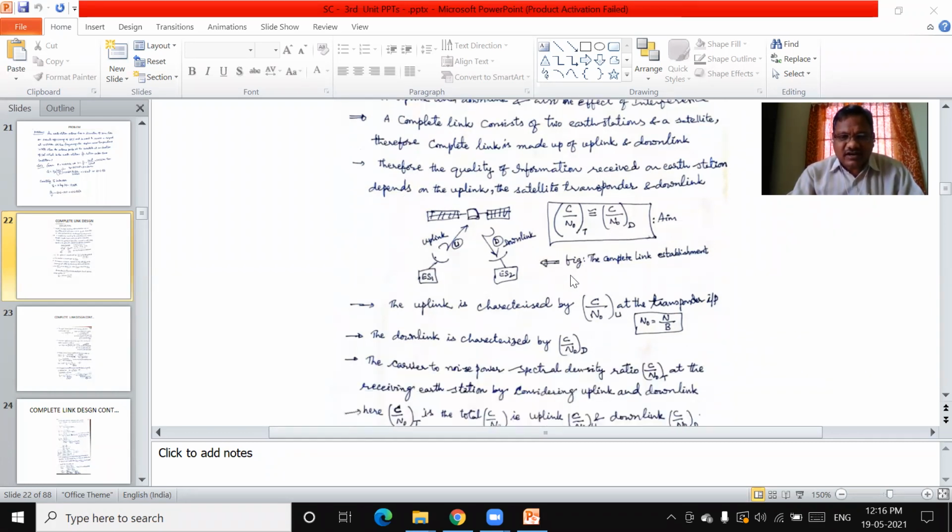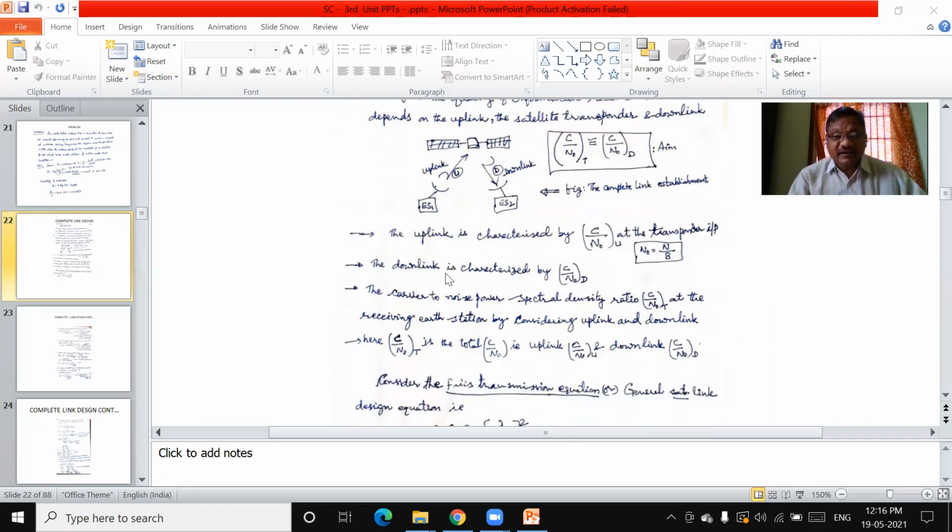So those are the two things. Now, just for convenience, we have represented this complete link establishment in this diagram. U I mentioned uplink, D I have mentioned downlink.